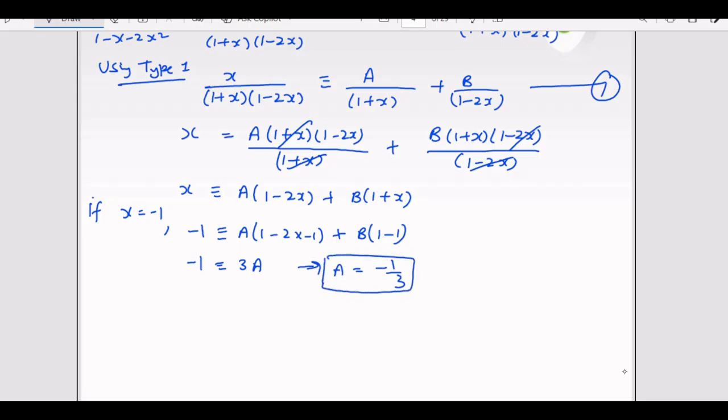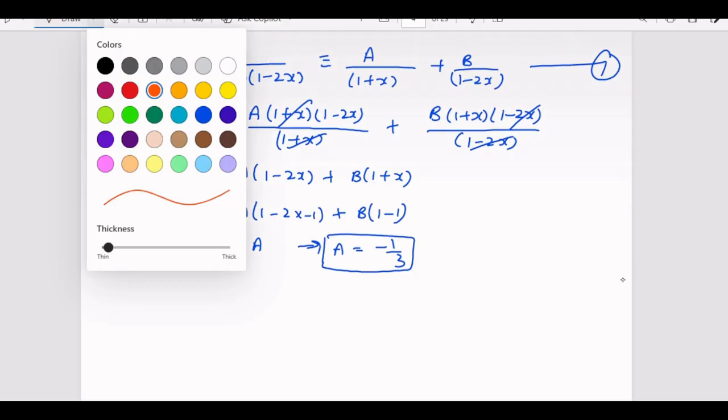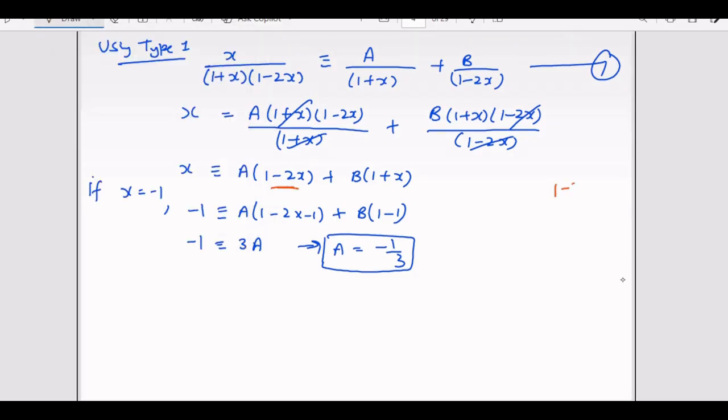So now we can look for the value of B. To make the first term here 0, I put 1 minus 2x equals 0. So from here 2x equals 1, and x will be 1 over 2, meaning if I substitute x as 1 over 2, I will make this a 0. So now secondly, let's say x is 1 over 2.